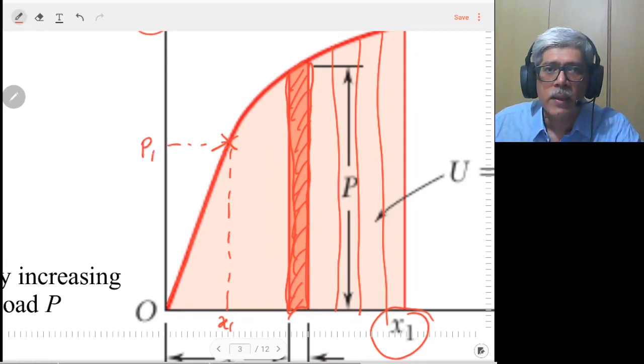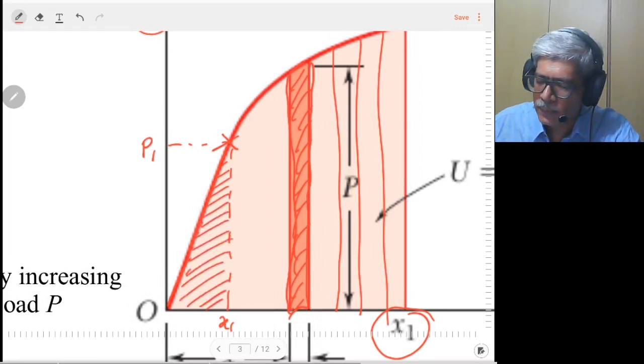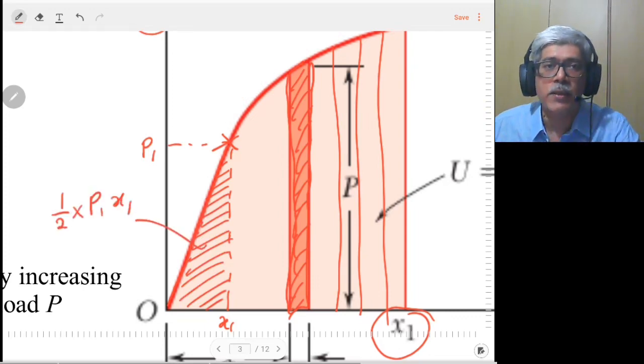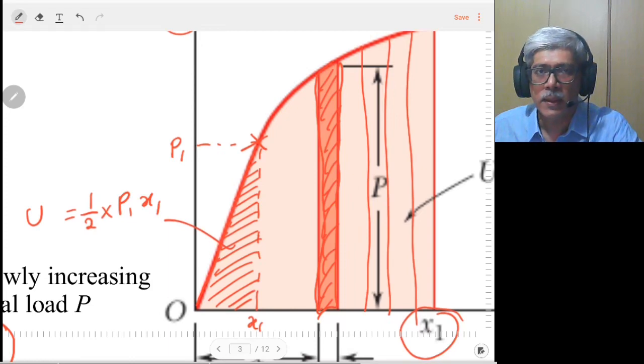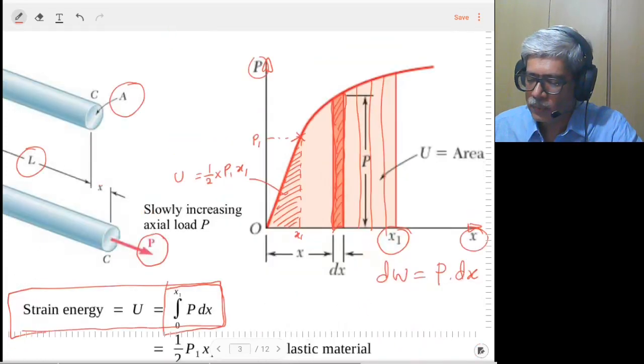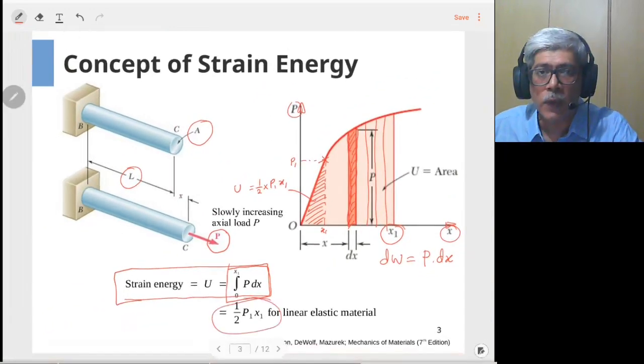So the work done during this process will be given as the area below this straight line, and that will be half multiplied by P1 into x1. This is nothing but the strain energy for this particular case when a linear elastic body is subjected to axial load, and that is what has been mentioned in this particular formula.